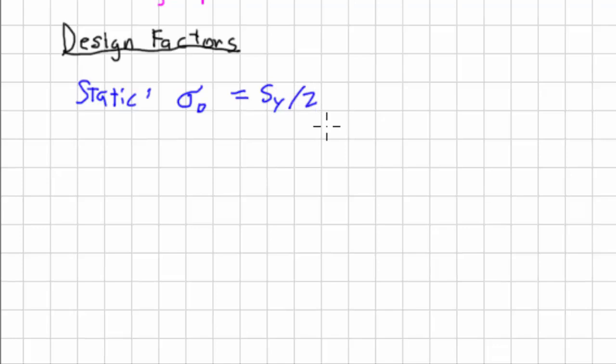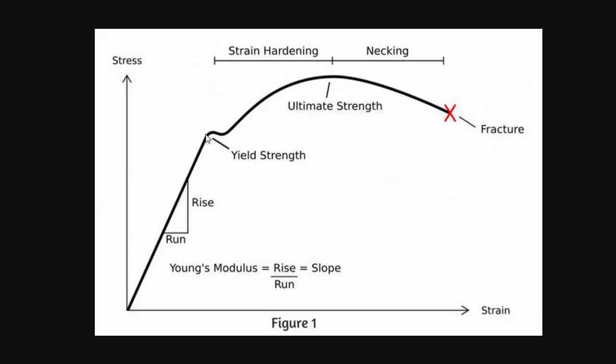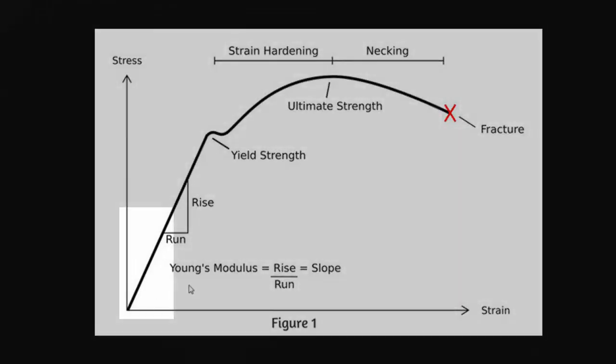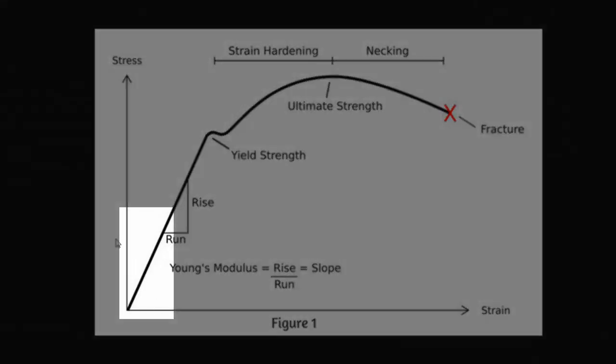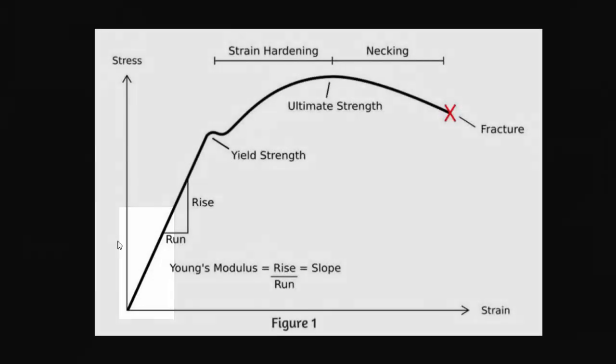So what does that mean? That means that we are trying to keep under this value for stress for our design. So that value is 1/2 of the yield strength. Remember, the yield strength is up here, so we want to keep under half of that. So that means we're trying to stay in this range here for our design.